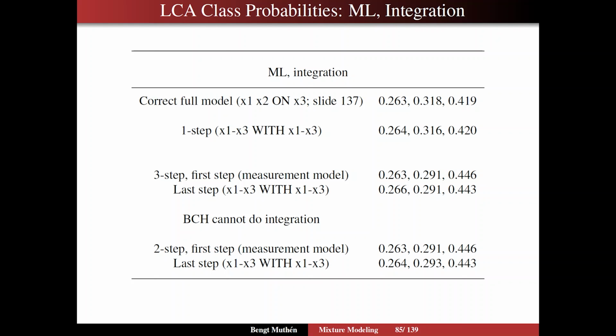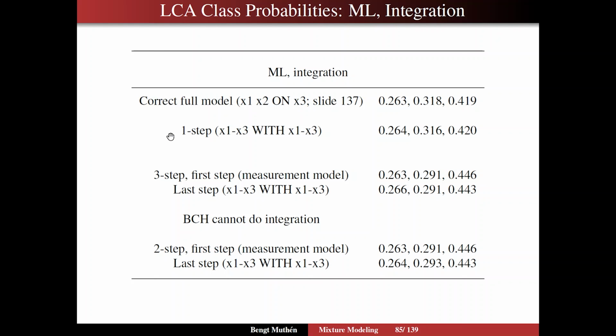So on this first slide, 85, we're going to take a look at maximum likelihood estimation using integration. The first model we consider is the correct full model, that is the model that generated the data shown on slide 137, where we know the relationship between the x's. And here are the class probabilities.